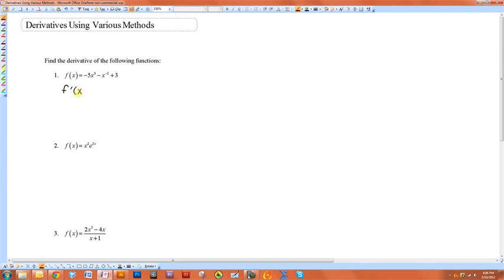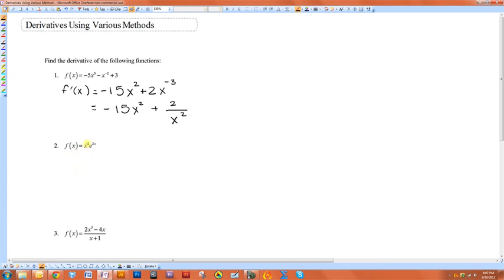So f prime of x is going to be, bring down the 3 to make us -15x, and then drop this down by 1, so it'll be x squared. -2 times -1 is +2x, and then decrease that by 1 to the -3rd. You could also write it without a negative exponent as such.